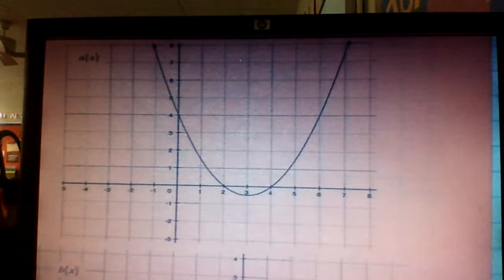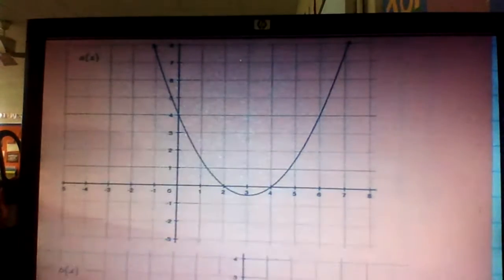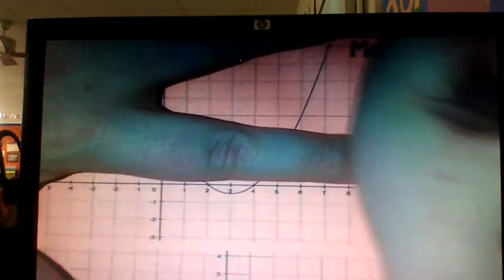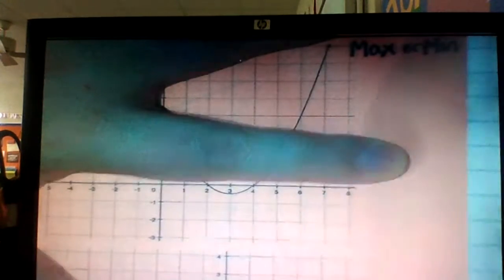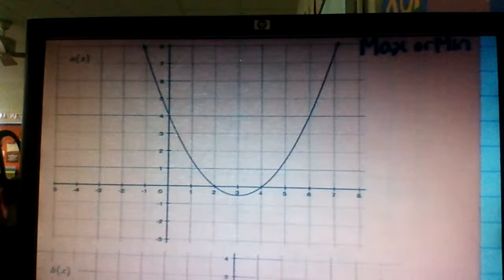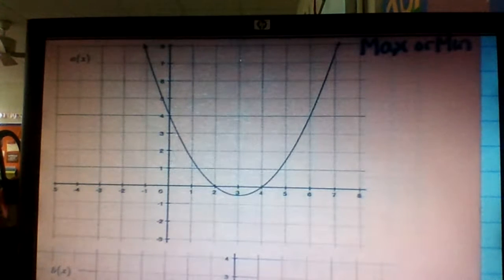So we talked about key features yesterday. That's what I want to look at here. You need to tell me, looking at this graph, do I have a max or a min? Do I have a low point or a high point? Is that a valley or a hill?